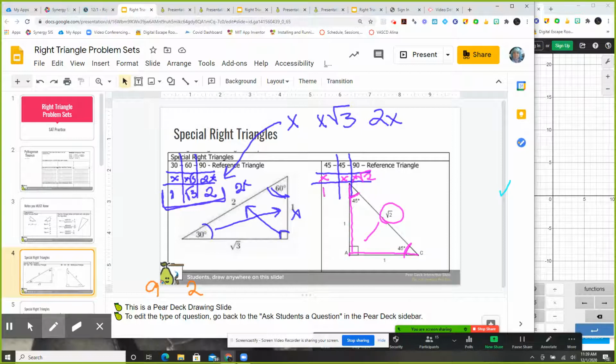So if I've got 1, 1, it's just going to be square root of 2. So this line in here is X, X, X square root of 2. And we're going to practice that a lot today, so you'll get good at that.